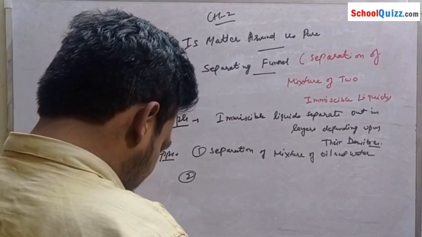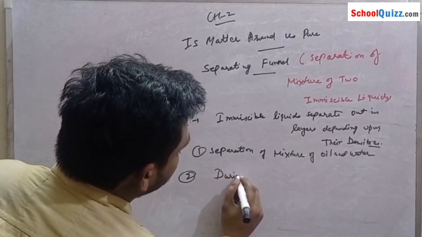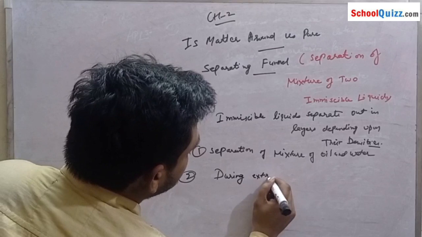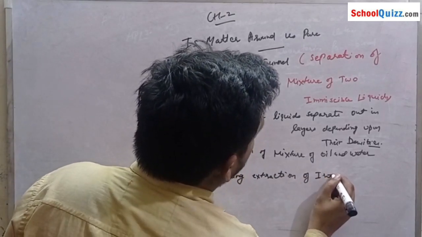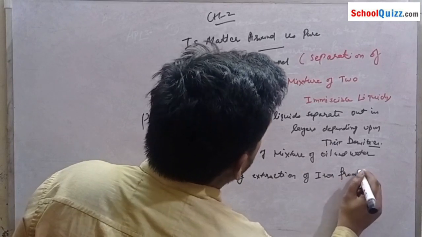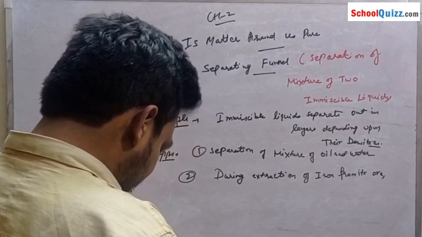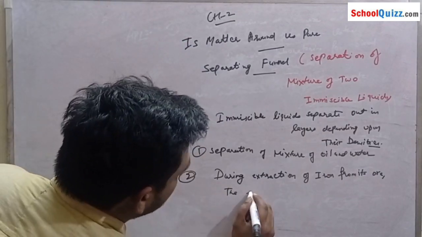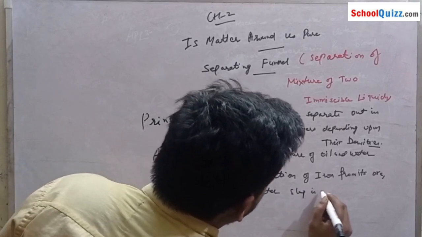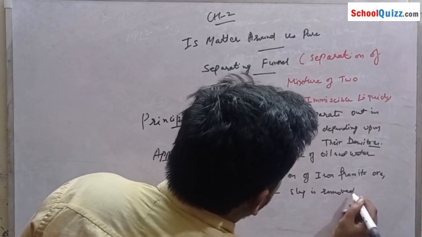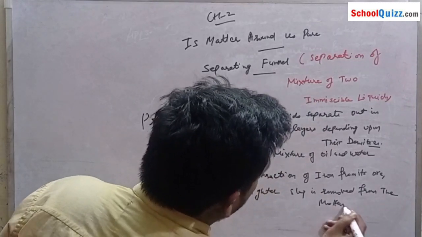Second, during extraction of iron from its ore, the lighter slag is removed from the molten ore.